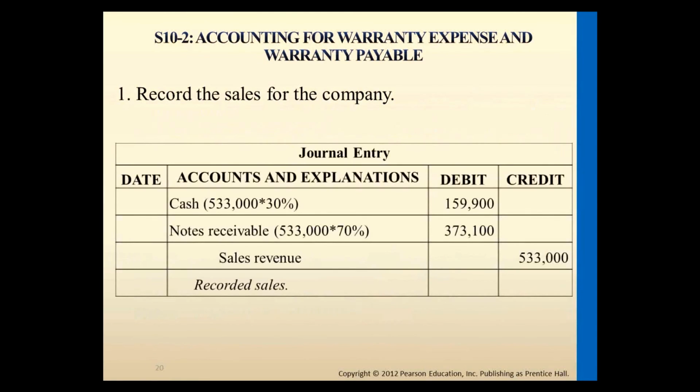So the first entry here, sales on snowmobiles. Since it doesn't give us the inventory costs, we're just omitting the inventory part of the regular two sales entries. We're just recording sales revenue, and we're collecting part of it by cash, part of it by notes receivable. So you multiply 30% by the sales amount, and 70% by the sales amount.